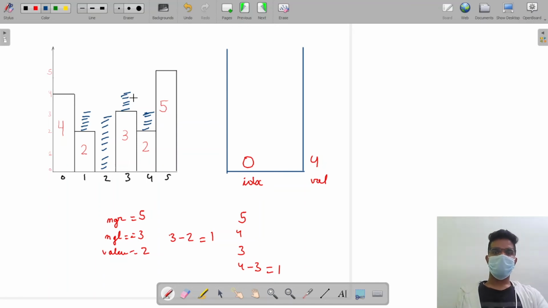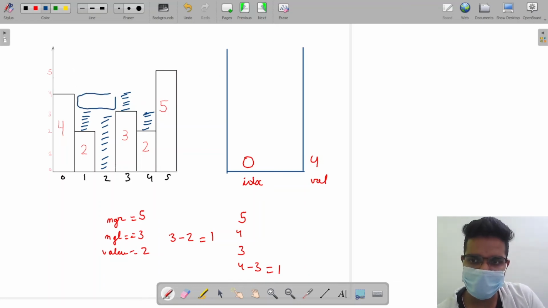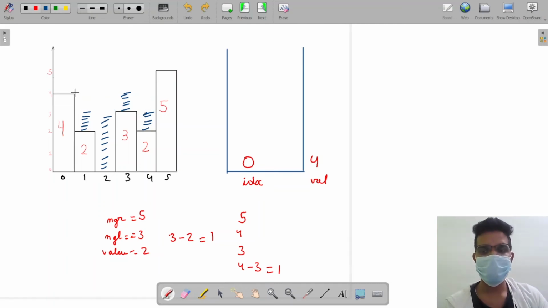So what's the problem with our algorithm? We never calculated this water trapped here, as well as this water trapped here. So this time what we are going to do is calculate the width, and we know how to calculate width. We are calculating the next greater right and next greater left through indexes.